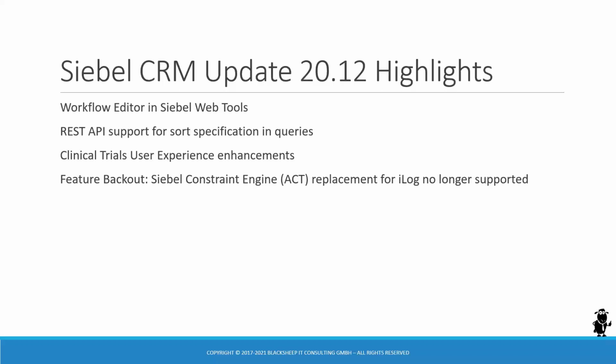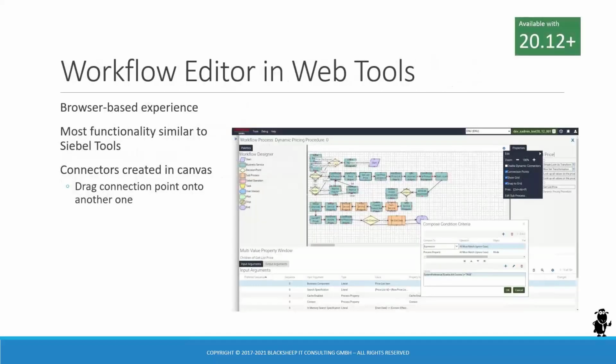The REST API has a minor enhancement, which is the sort specification. There's another feature here I'm not going to talk about. And one feature was actually removed from the roadmap, which is the constraint engine, ACT. There's a nice screenshot. I'm not going to demonstrate it. There's not enough time, and the demo gods are probably not in my favor.